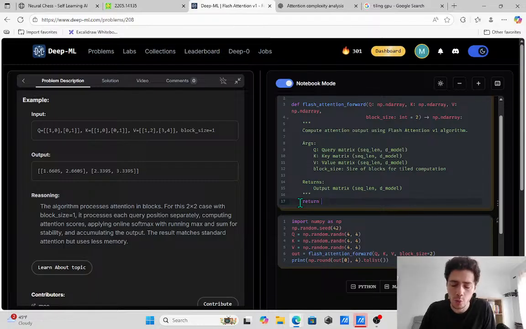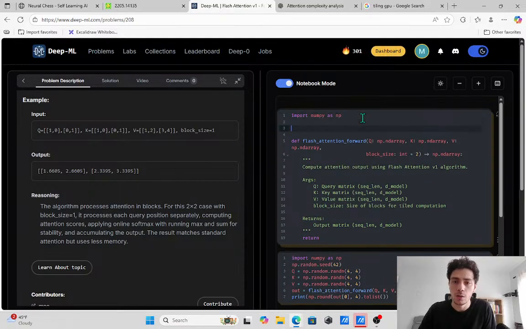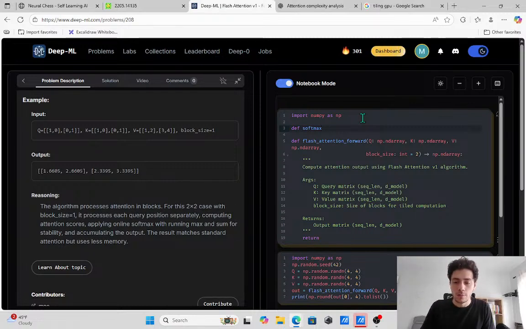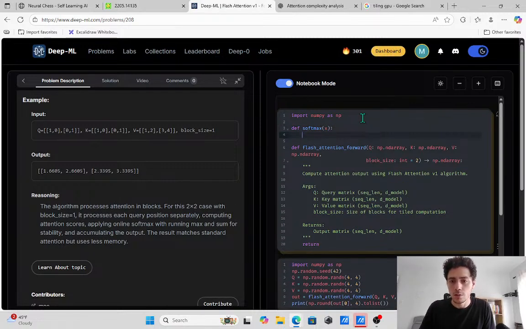Softmax takes in x and computes the exponential of x divided by the sum of exponentials.